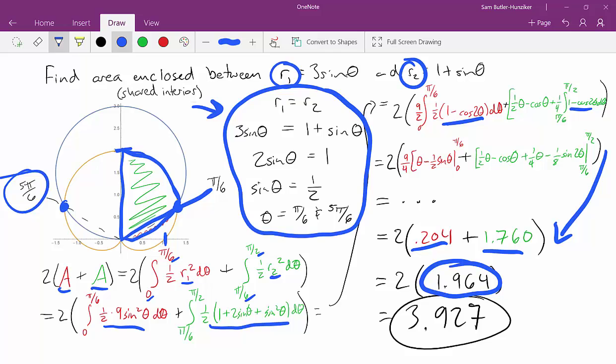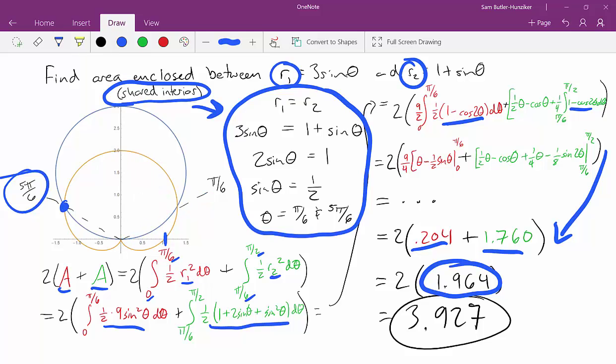But the area enclosed by, or the shared interior of these two curves, means that we have to take the area that we found, this area, and multiply it by 2 in order to get both of these. We had that 2 out here in the beginning, and you can see 2 times that area is roughly 4.